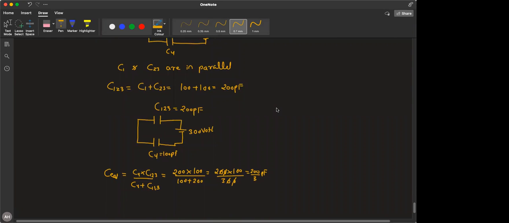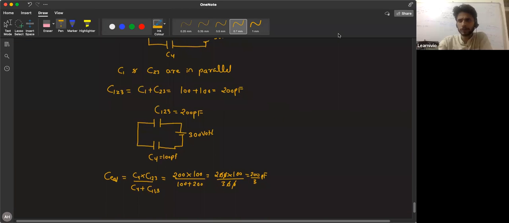Done. Mazia, Miraj, written? So that is C equivalent. This is the value of C equivalent.